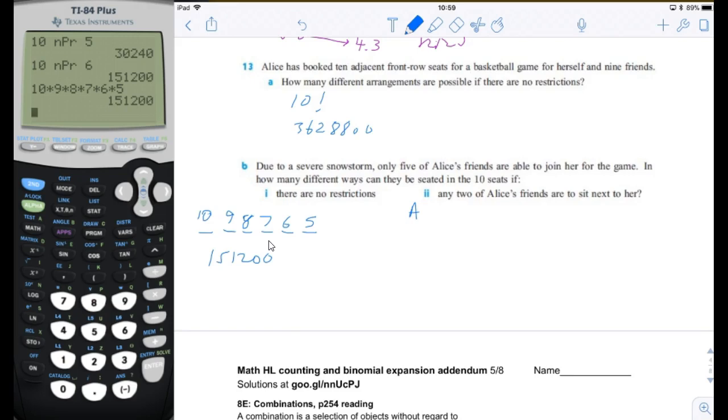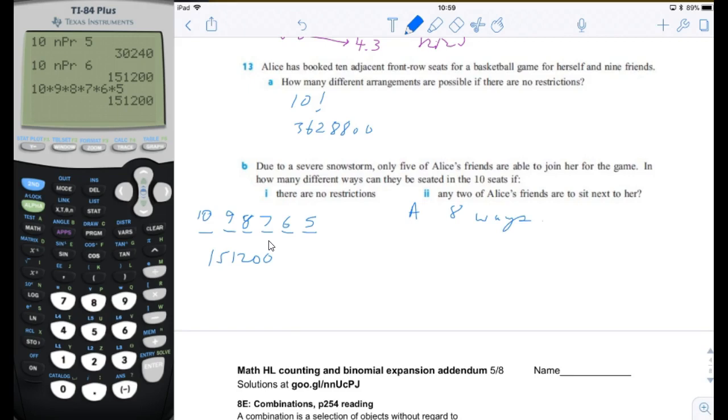Well, you would say 10, except for the fact that she wants one friend on either side of her. So she can't sit in the first seat or the 10th seat because in that case, she can't have a friend on both sides. So basically, you have to eliminate seats 1 and 10, and you're left with the middle 8 seats. So there's 8 ways for Alice to sit in a chair, okay?